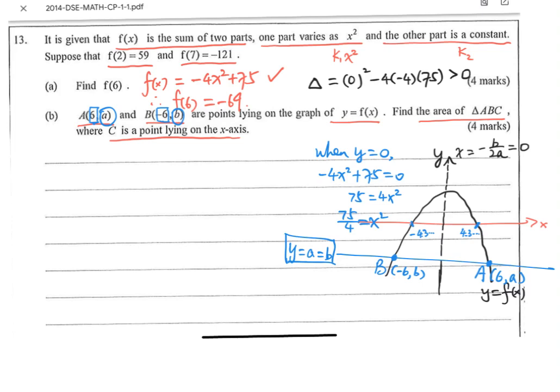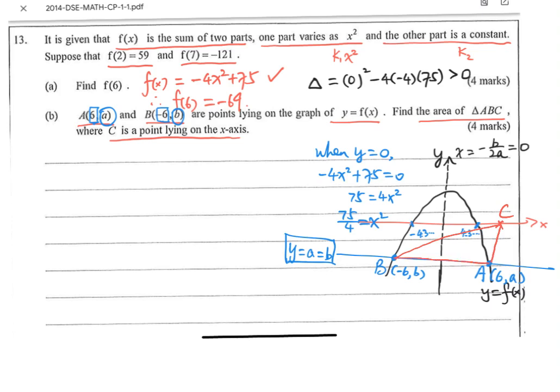Okay, so after that, point C is a point lying on the x-axis. For example, let me just choose a point, any point here. Okay, let me choose a point here, point C, right? Triangle ABC, this red triangle.